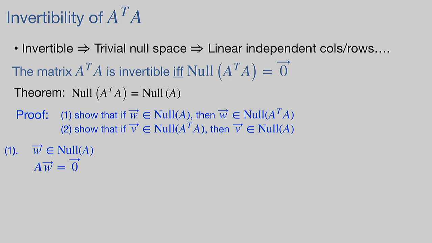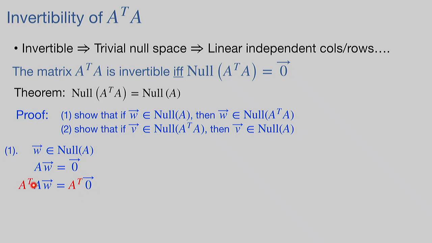What about A transpose A times W? Can I multiply from the left by A transpose? I can. I'm going to multiply from the left by A transpose. That means A transpose A times W equals A transpose times 0, and A transpose times 0 is 0.